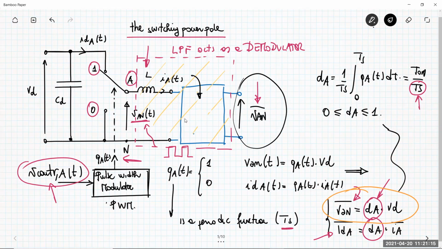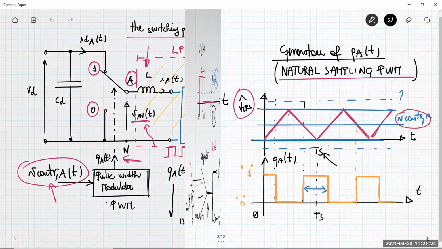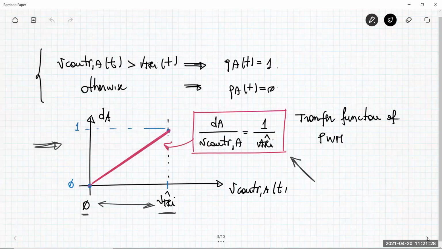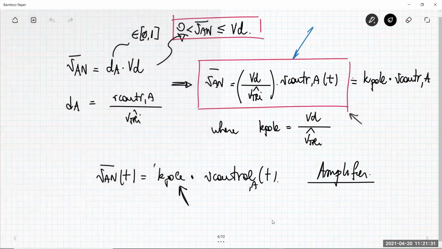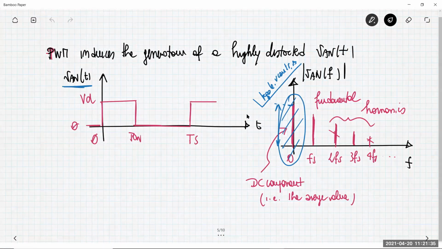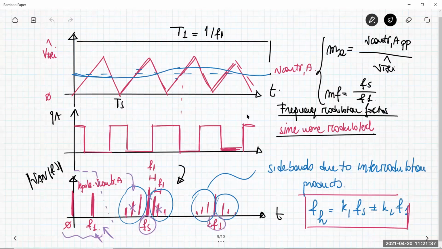In order to exploit this characteristic, since typically I don't want to add other filtering elements, I need the spectrum at the output to be very clean. I don't want too many harmonics, because this filtering made by using parasitics of the motor maybe is not effective.